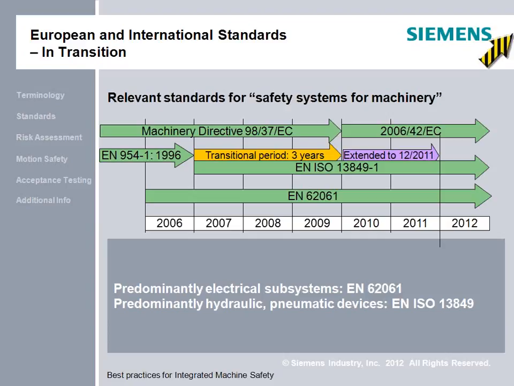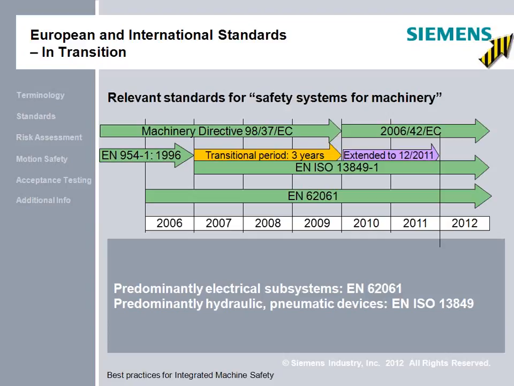Also at that time, EN 954-1 was actually extended an additional 2 years, and that was due to quite a bit of difficulty, in my opinion, in applying the new standard 13849 successfully and universally. So we've reached 2012, which indicates EN 954-1 is no longer valid, replaced by 13849.